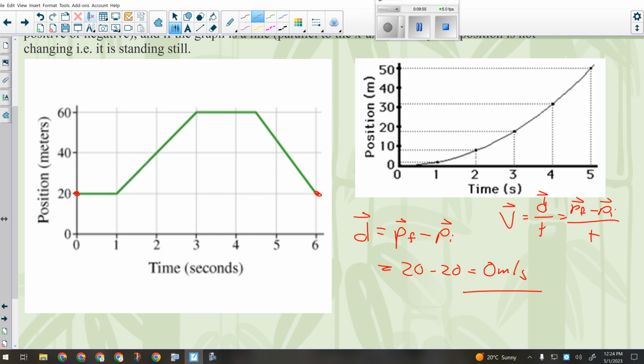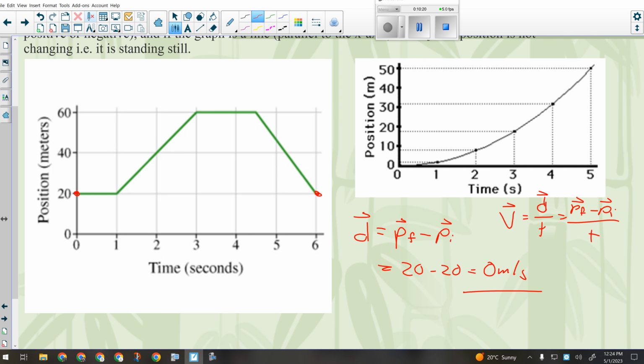So, how far did this object go? We know its displacement is 0, but its distance is something else. Think back to the Walmart trip. 40 meters. Okay? What do you guys think?